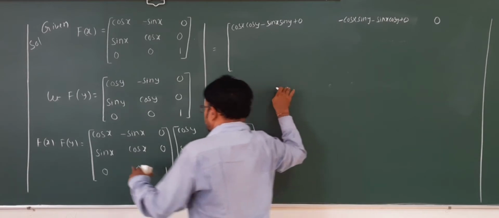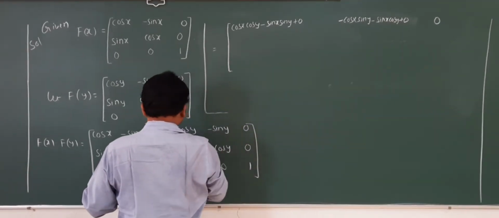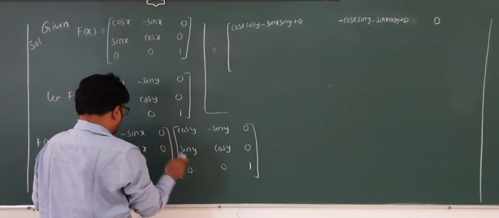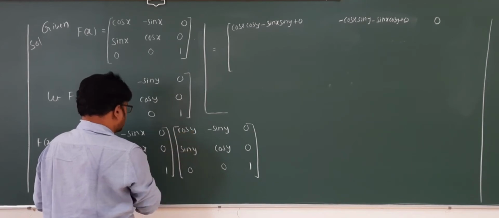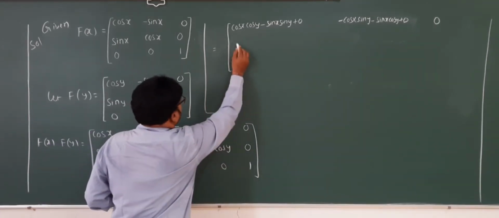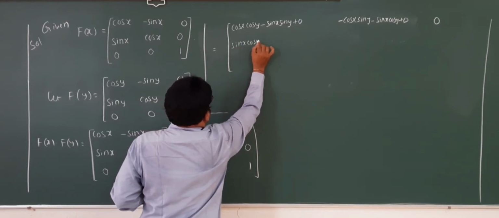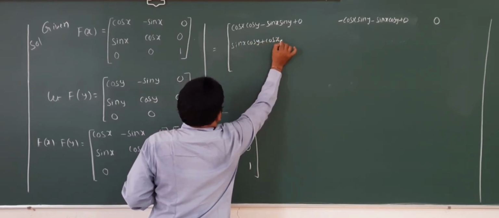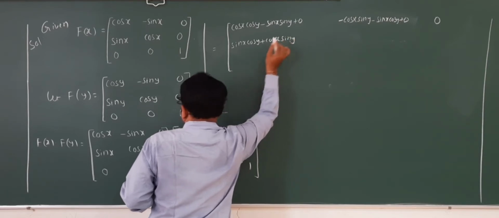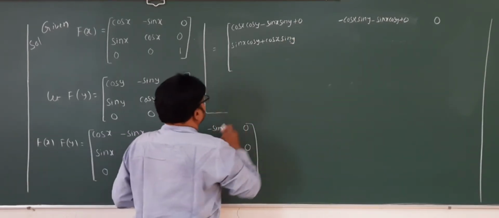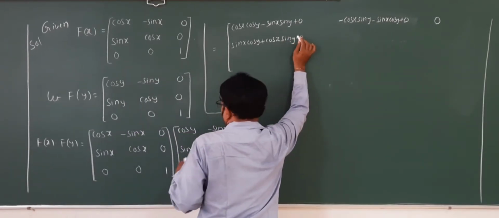Next, second row, first column: sin x into cos y plus cos x into sin y, and 0 into 0, we get the value 0.